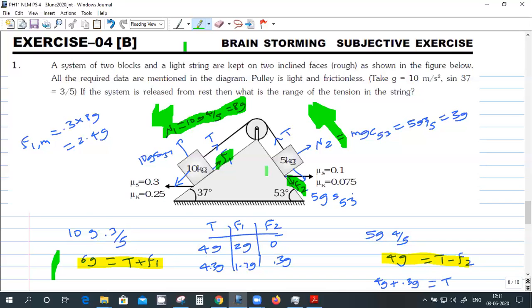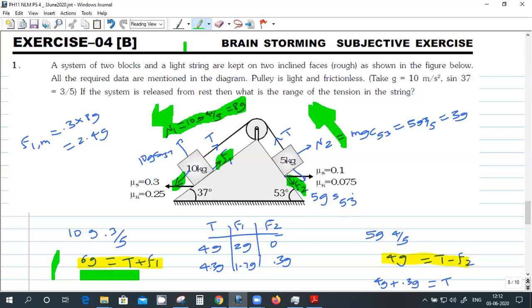And similarly normal reaction in two you can find. So once I get this normal reaction and mu, this thing is mg sin theta, the downward force. So the downward force is 6g.